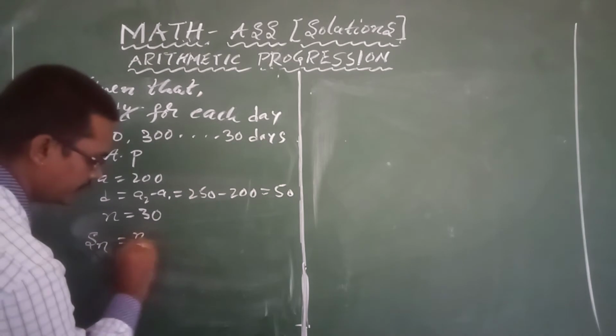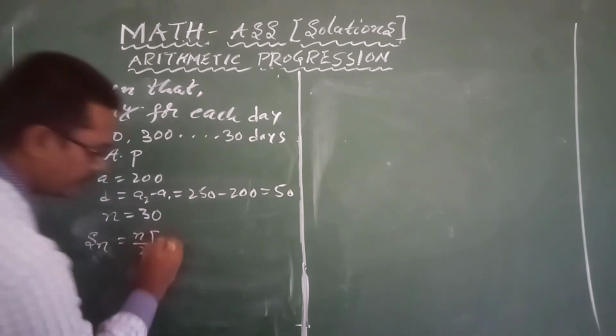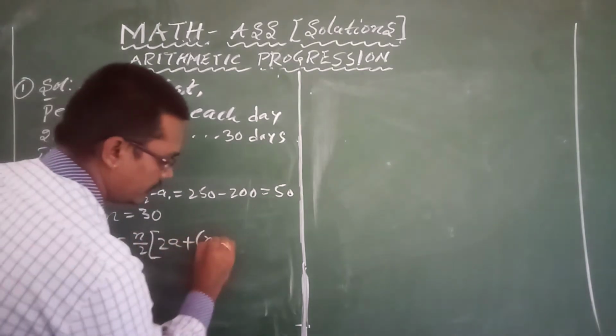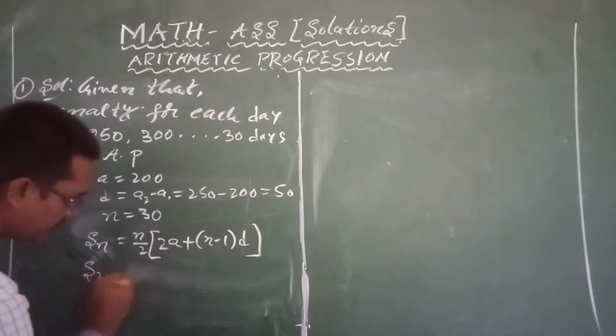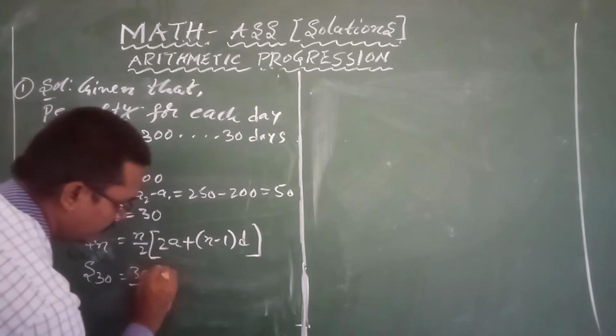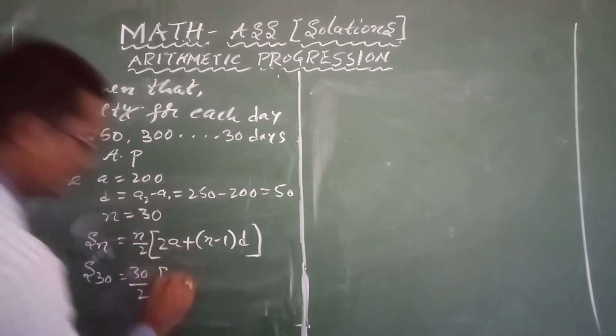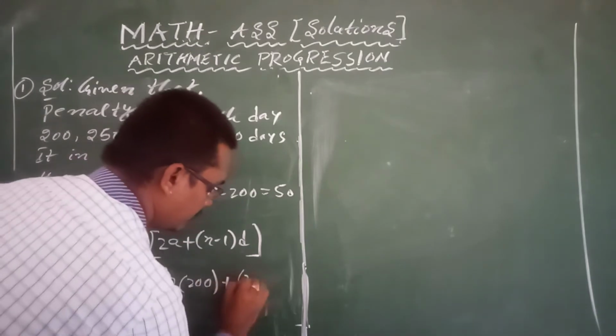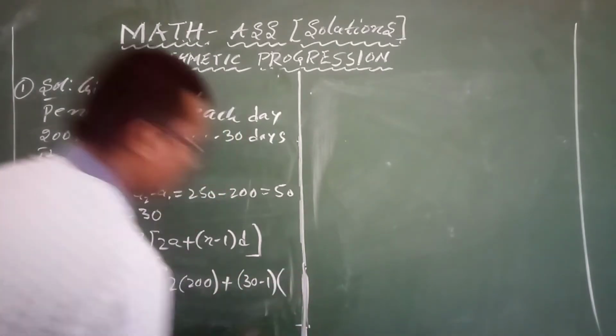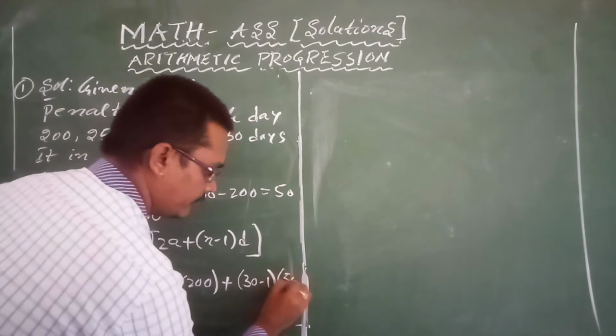So we can use the Sn formula. Sn is equal to n by 2 of 2a plus n minus 1 of d. So S30 is equal to 30 by 2 of 2a, where a is equal to 200, plus 30 minus 1 of the common difference 50.